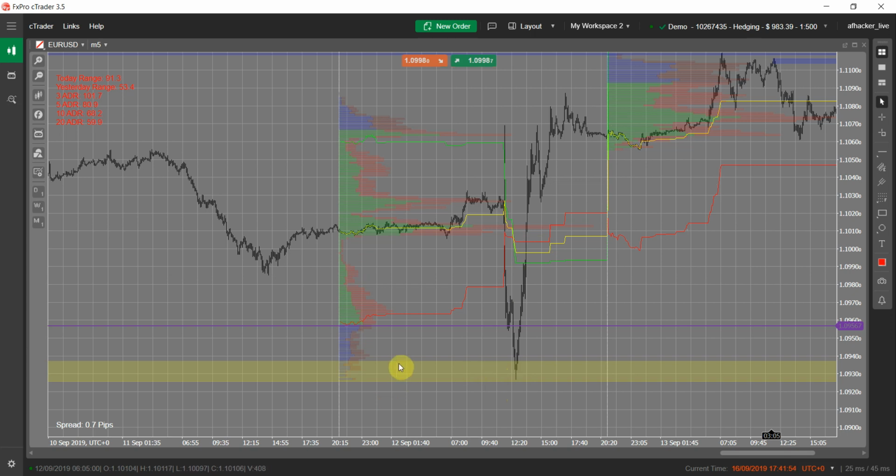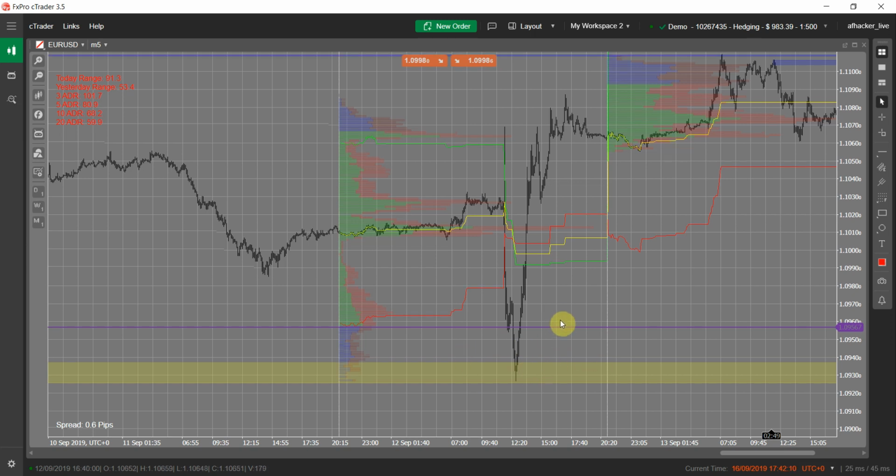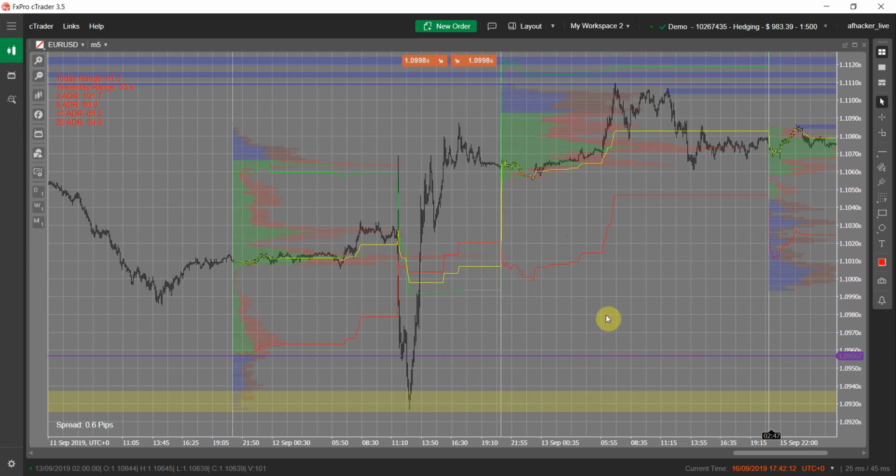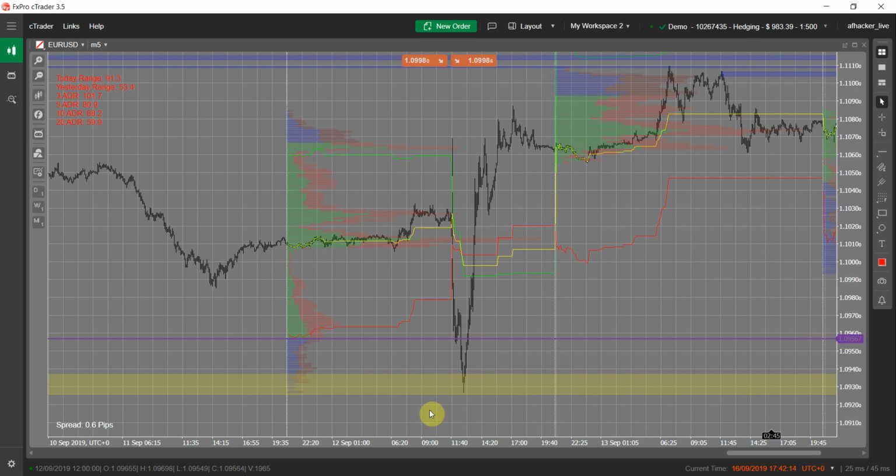And you must be sure that you target a 1 to 2 or 1 to 3 risk to reward ratio, because if your risk to reward ratio is lower, even if you are very accurate on your entries, you will end up losing money.